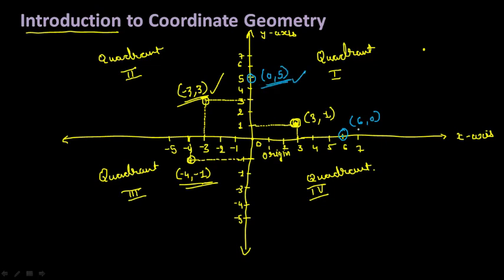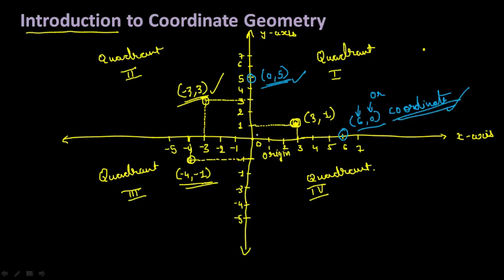This is how you need to represent coordinates lying on the x-axis or y-axis. Now the x value of any coordinate is called the abscissa, the y value is called the ordinate, and together this is called the coordinate.